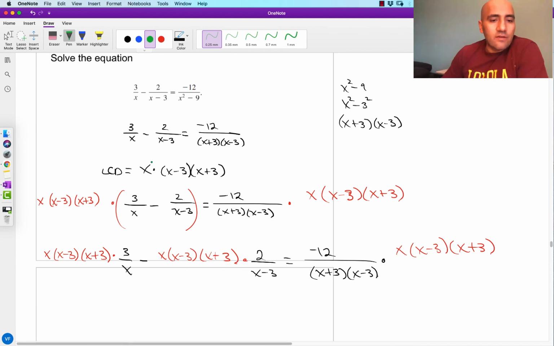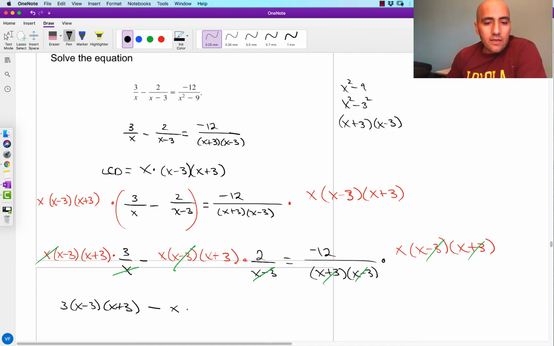Good, so now a bunch of stuff will reduce. This x reduces with that one, and then this one reduces with that one, and then both of these cancel with both of those. So after all that cancellation, what remains is this product times a 3, so I'll get 3 times (x minus 3) times (x plus 3), and then minus x times (x plus 3) times 2 equals negative 12 times x.